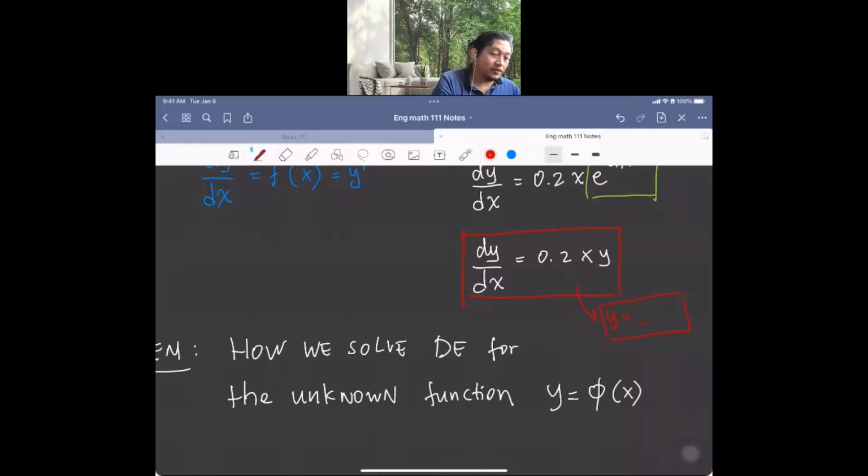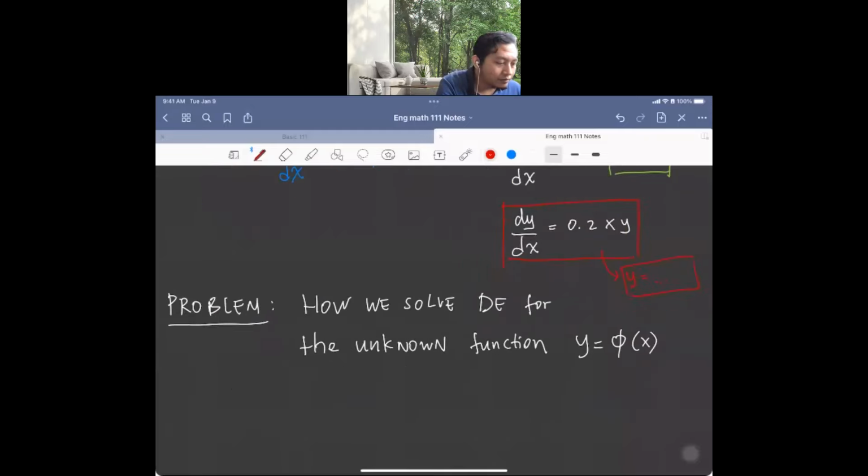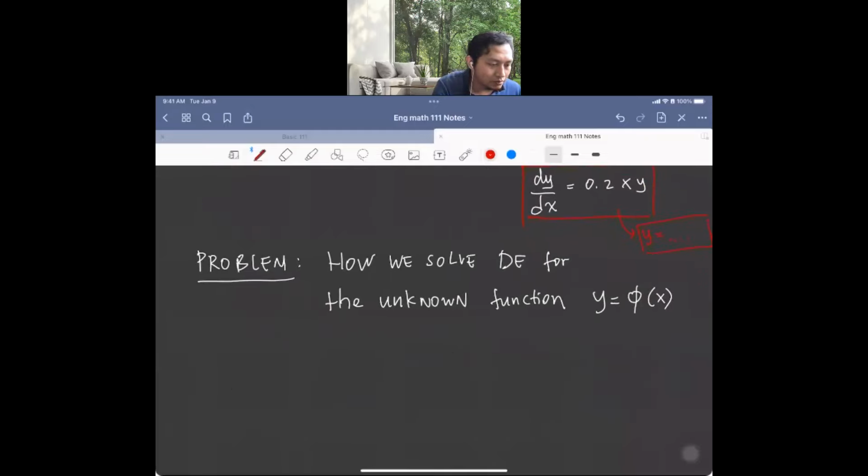So let me just give you the definition. I have prepared it for you. Let me check. Oh, I haven't written it. Let me just write.